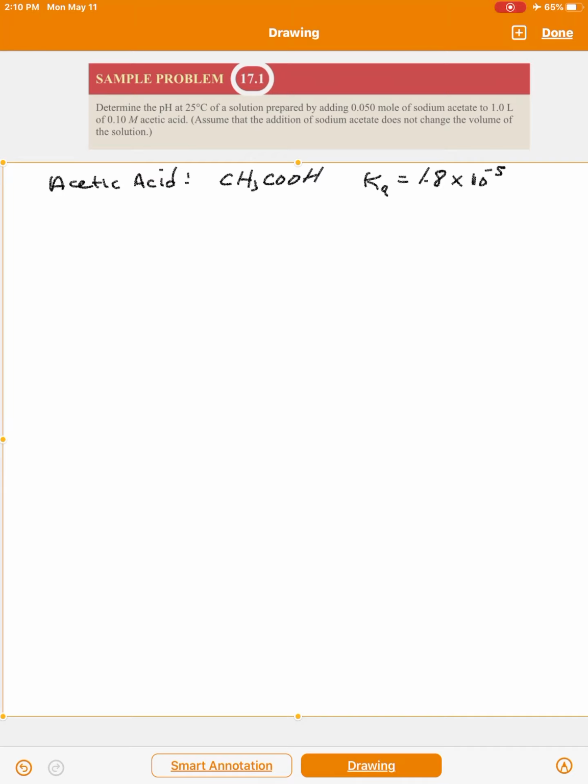Okay? So here's what we're going to do. We're going to set this up as a general acid-base chemical equilibrium problem. It's a weak acid, and remember, weak acids, just like strong acids, can react with water. It's just you don't get as much of the hydronium out of a weak acid, right?